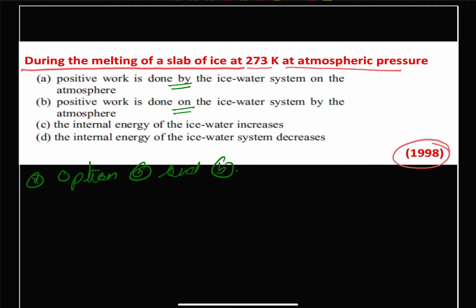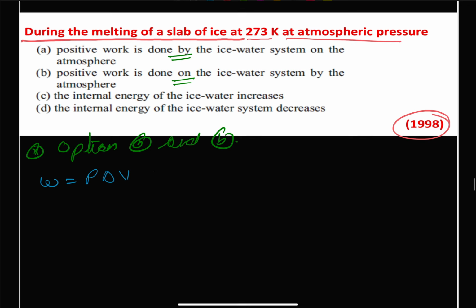And we know that our work done standard formula W is equal to P times change in volume. And here this delta V is equal to final volume minus initial volume.